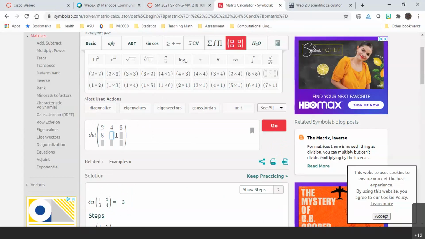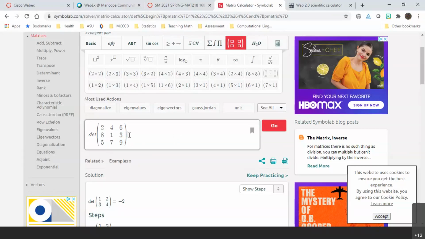This is the one from the notes where we had a determinant of 54. Oops, wrong one. 8, 1, 3, and then 5, 7, 9. So if you're going to do it by hand, follow the process I gave you, or you won't get the right determinant. But don't bother doing it by hand because you have a tool.